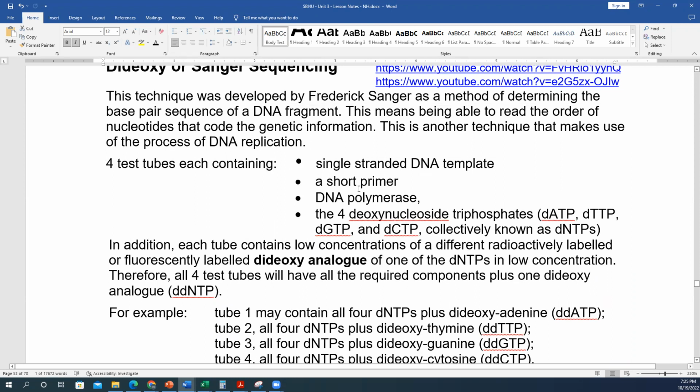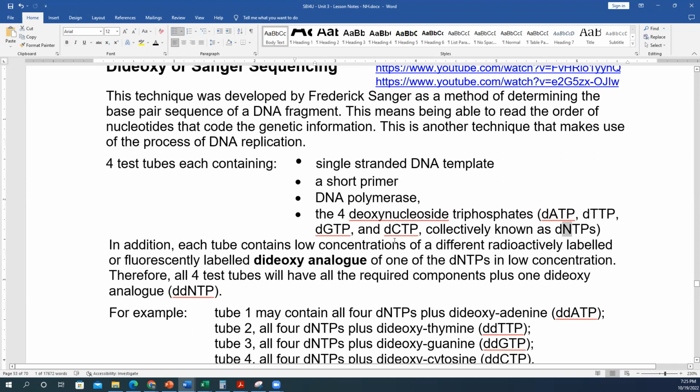You will have a short primer. You would have your DNA polymerase. And then you will have the 4 deoxynucleotide triphosphates. You will have the dATP, dTTP, dGTP, and dCTP. So the A, T, G, and the C collectively all together, you call them the deoxynucleotides or the dNTPs. The N means basically all of these, the A, the T, the G, and the C.